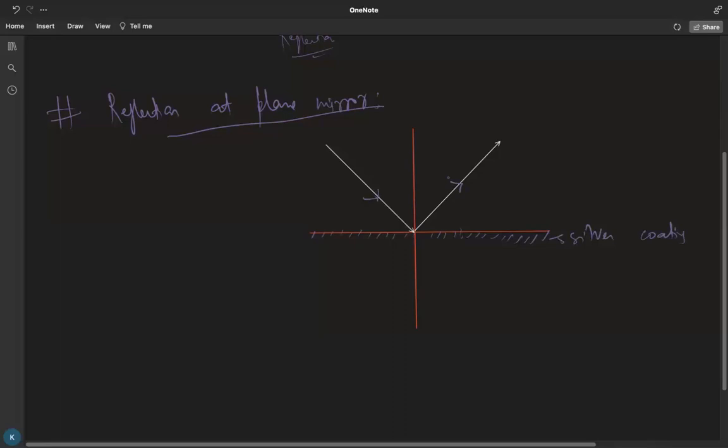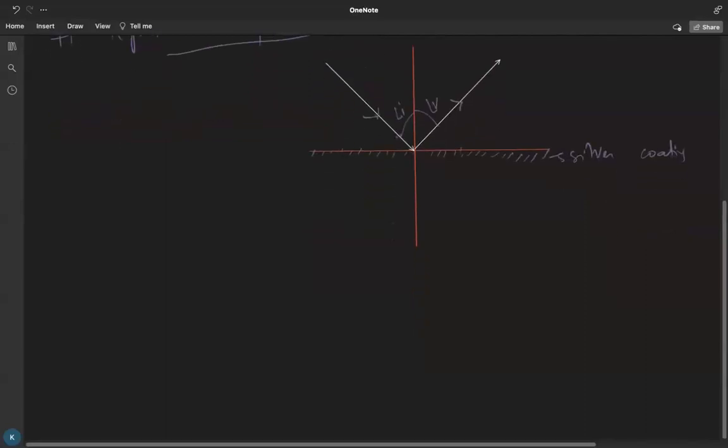Now what I'm trying to tell you is that the law of reflection is valid here because obviously it's a plane surface. Actually, irrespective of the surface, laws of reflection are valid. This is our normal, which I showed in the previous class. This is our angle of incidence and this is our angle of reflection, right? Here we have to discuss some topics.